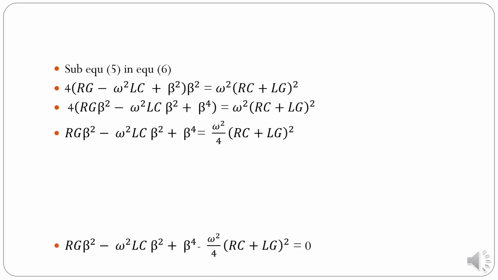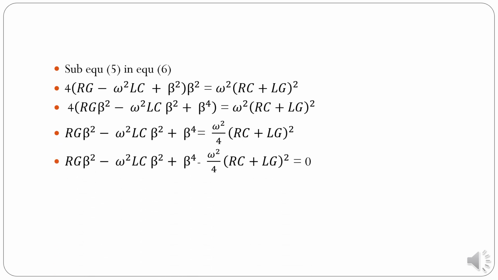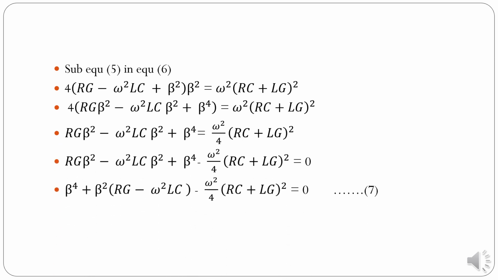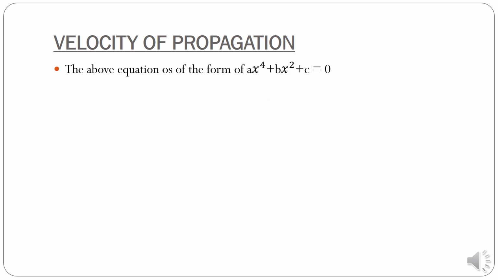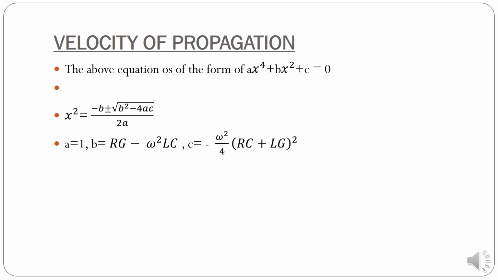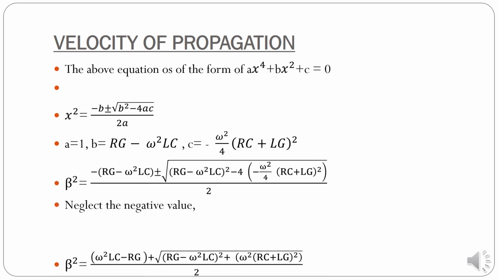Finally we get the equation in terms of beta power 4, and we find the square root of beta square. As we know in mathematics, a x power 4 plus b x square plus c equals zero gives x square equal to minus b plus or minus square root of b square minus 4ac, by 2a, which is the quadratic expression. The same thing we are applying here, and we get the value of beta square.